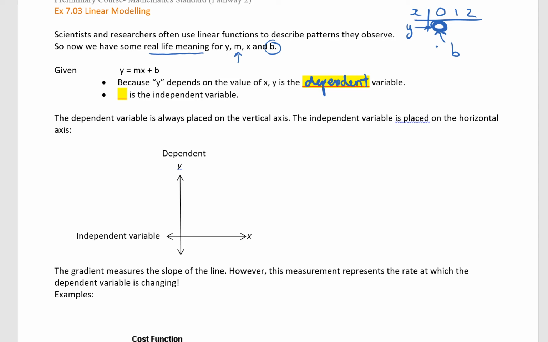Then the x variable, or x component of the equation, is the independent variable. Please learn those two, dependent and independent, because you get questions simply asking you what is the dependent variable. Variable just means pronumeral.